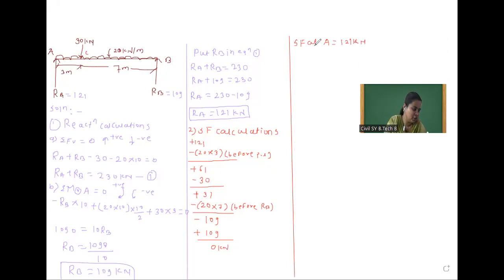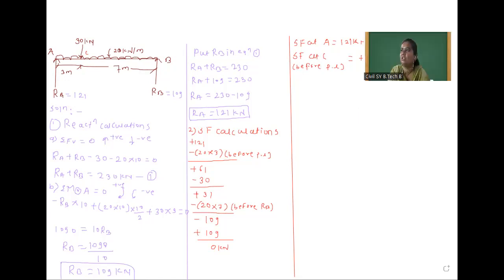After that, shear force at C, but before point load, which is equal to plus 121 minus 20 into 3, which is equal to plus 61 kilonewton.